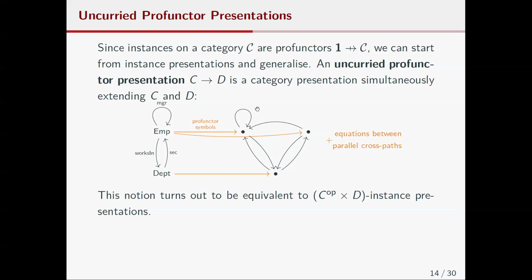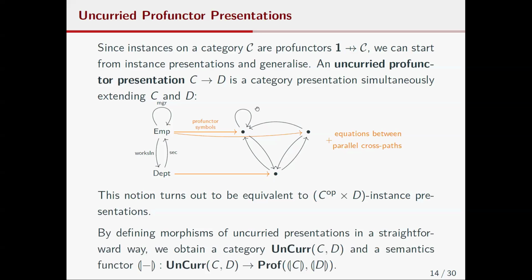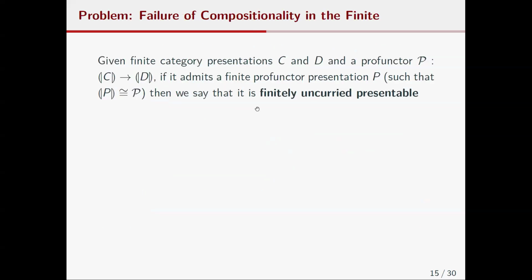And this notion turns out to be equivalent to C op times D instance presentations. I can't really define that because I'd have to say what op and times mean for presentations, but you can. And you can define morphisms to obtain a category which enjoys this semantics functor also straightforwardly.